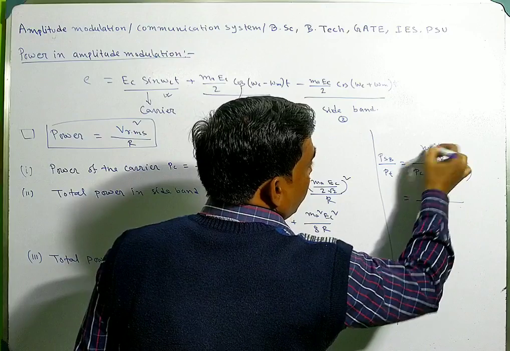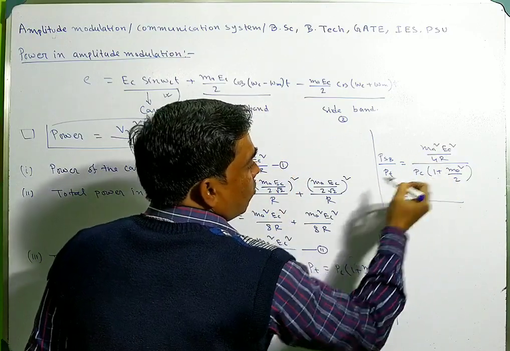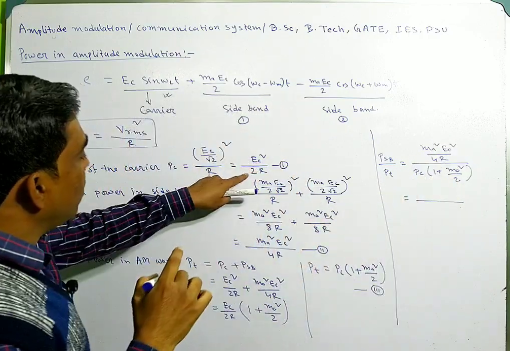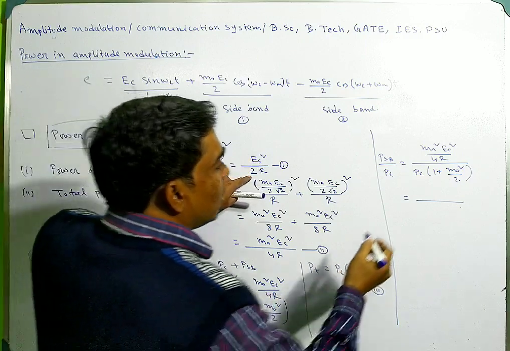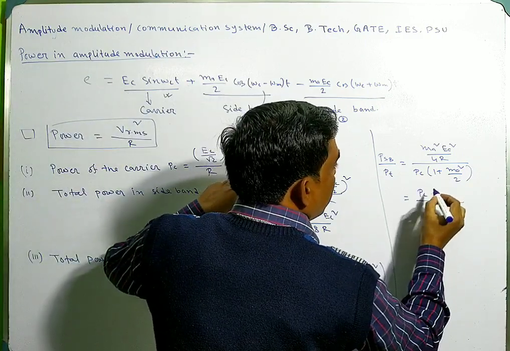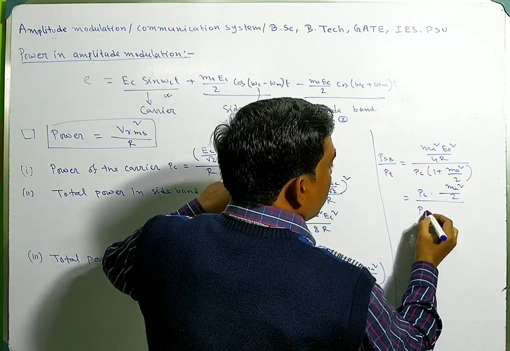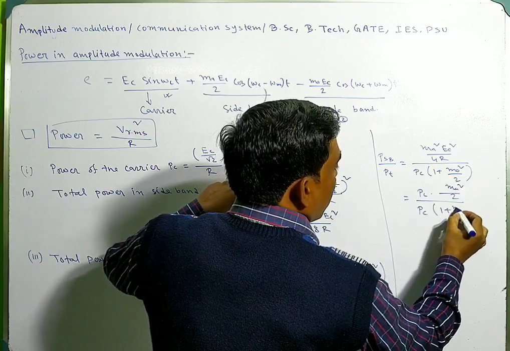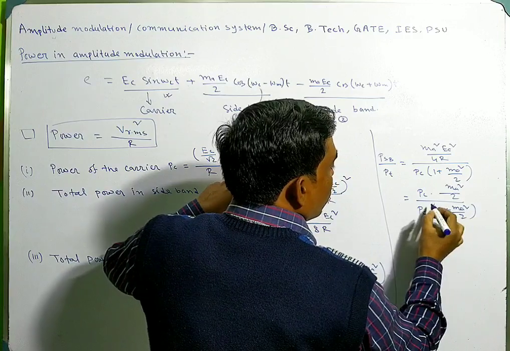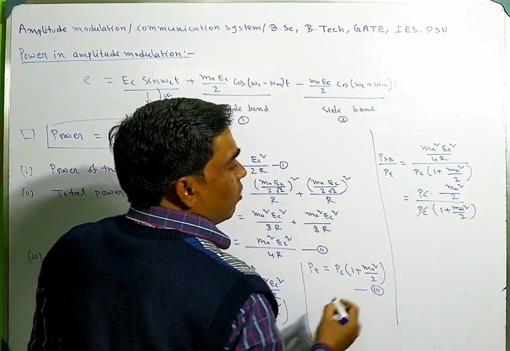Writing this in terms of Pc, Ec squared by 2R, it can be written as Pc into m squared by 2, so this Pc will be cancelled out.